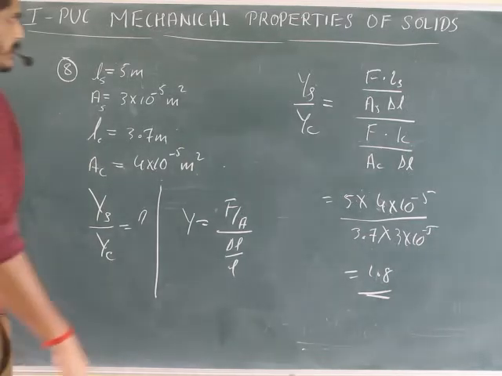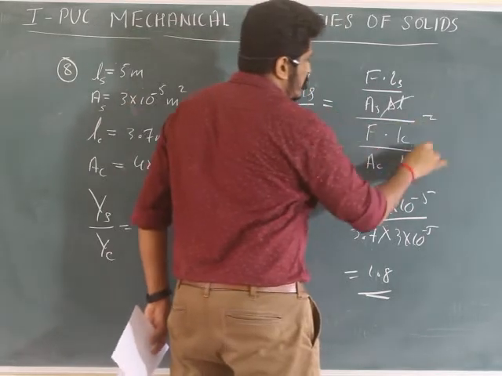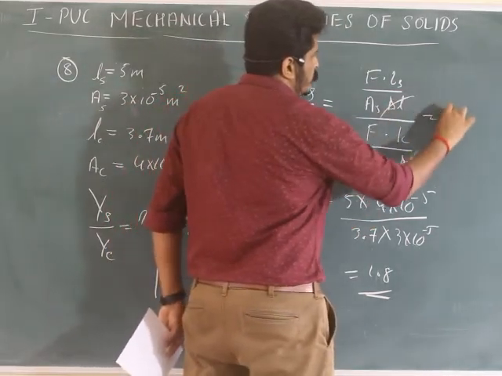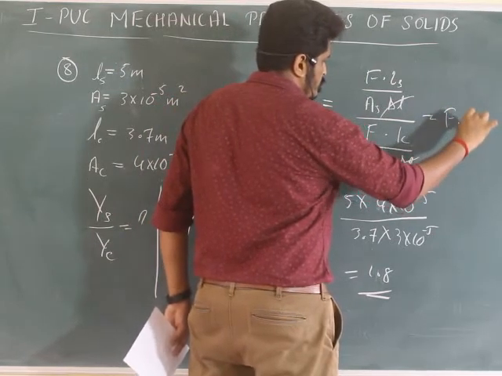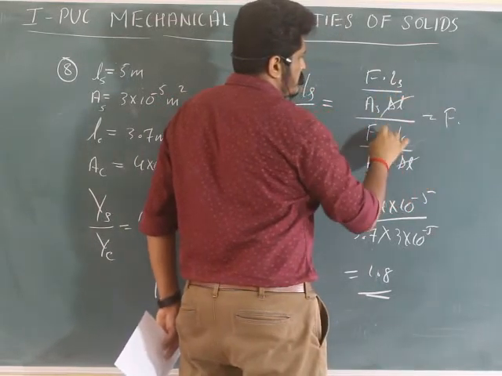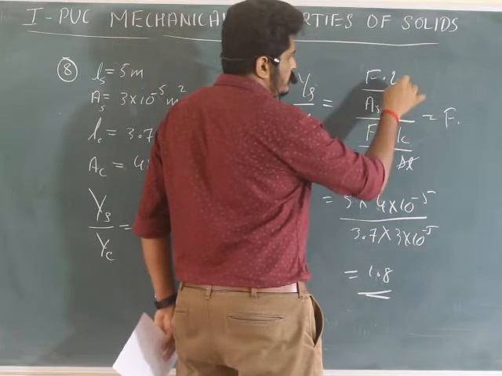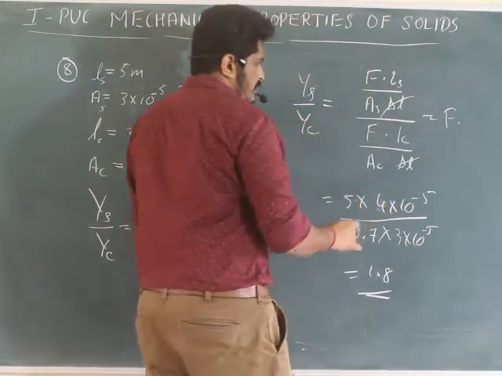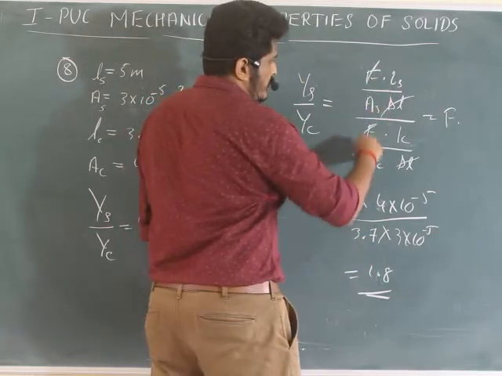Hope you can make out why after substitution delta L cancels. You can make out, no? F into, okay, this comes here, this goes there. So force also cancels, sorry.